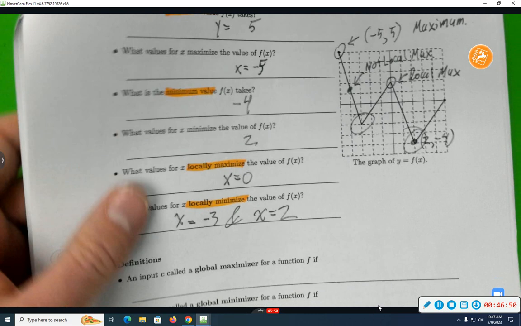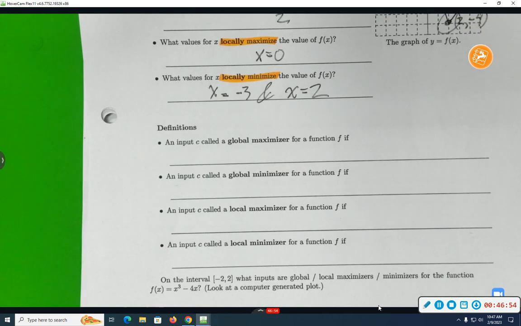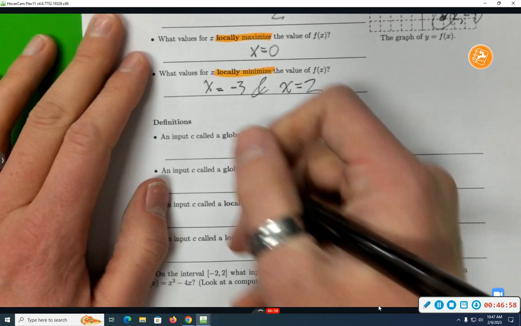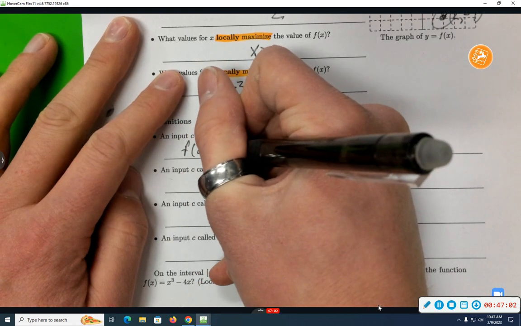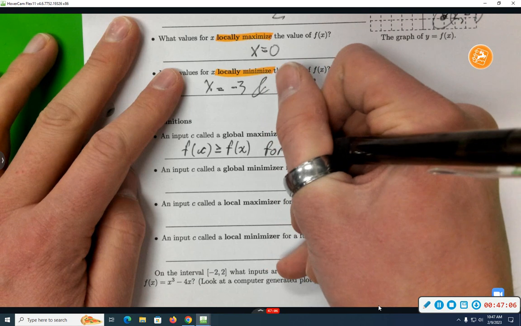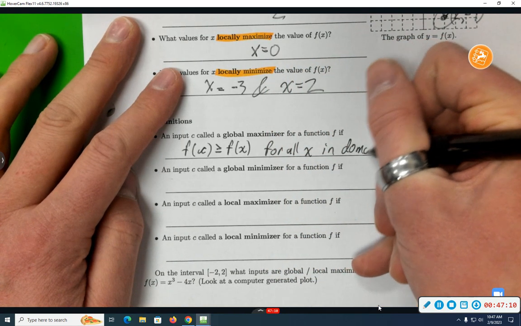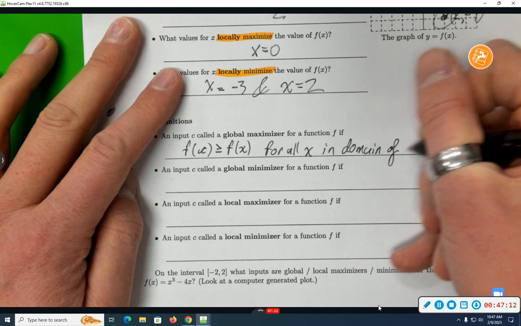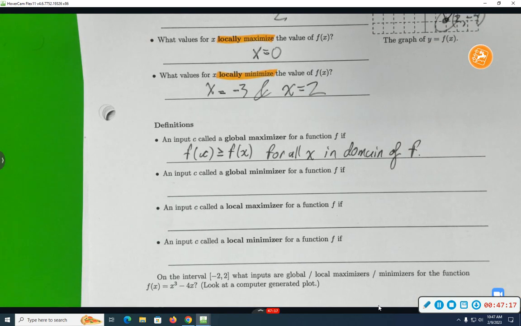So, let's just, with my remaining time, write down some formal definitions. An input C is a global maximizer for a function if f of C is greater than or equal to f of x for all x in the domain of f. That seems sensible?